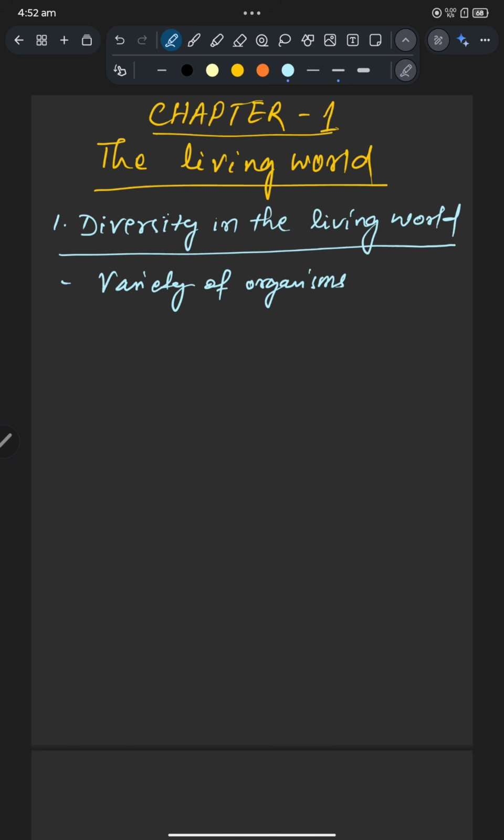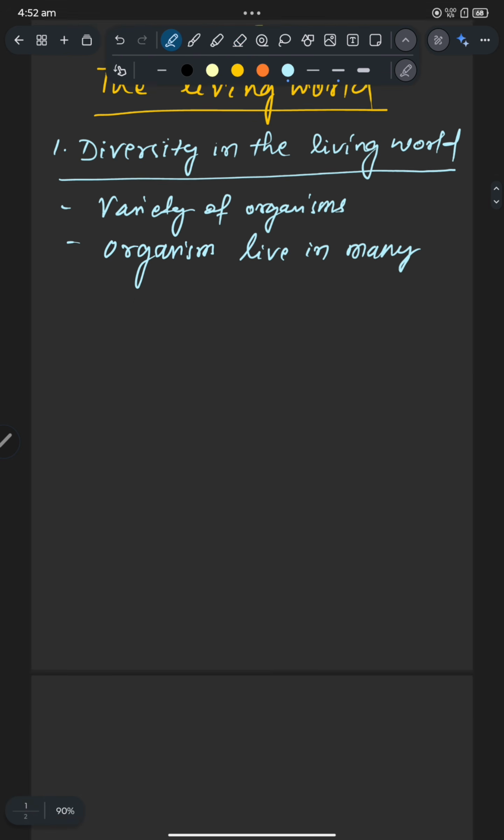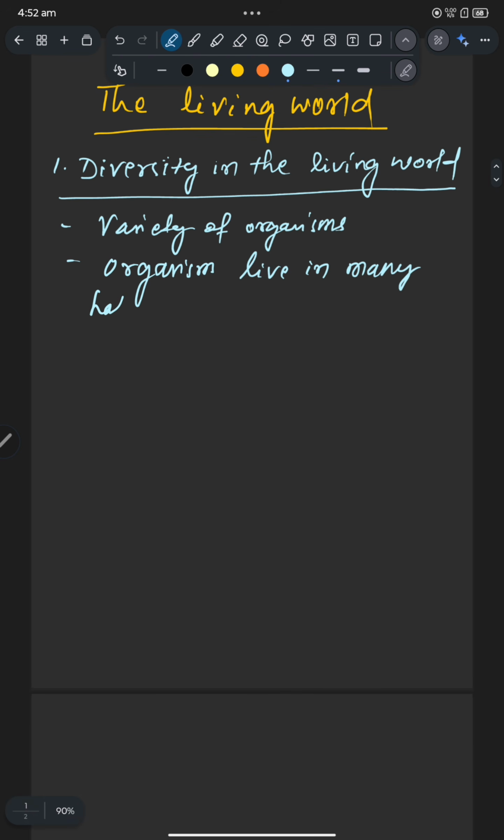And why are these varieties seen? Because the organisms live in many habitats. And what are those habitats?